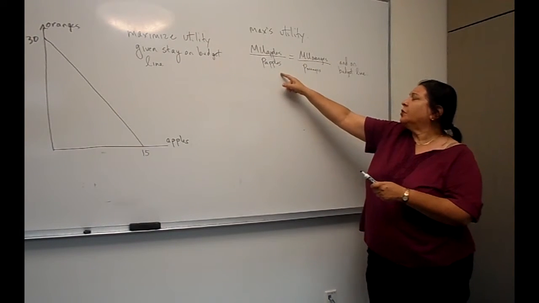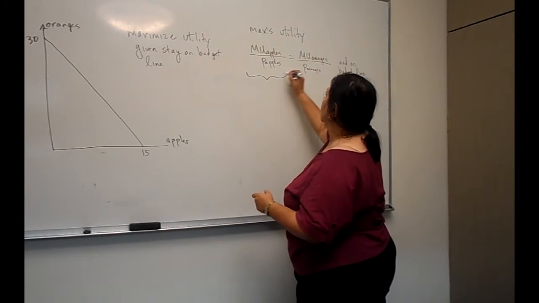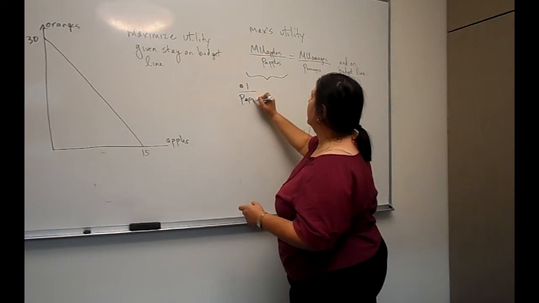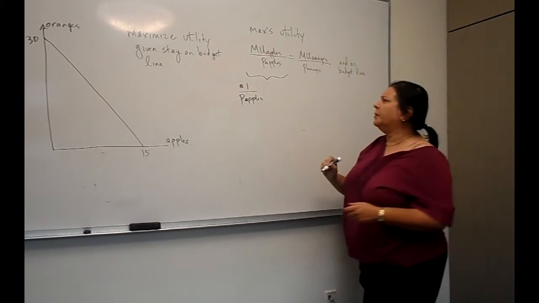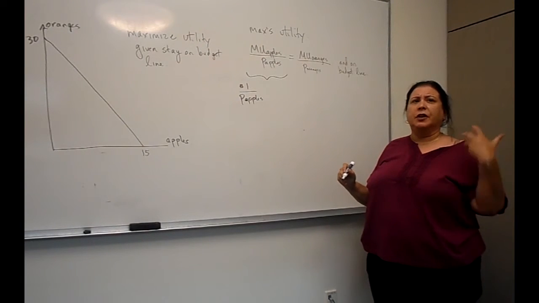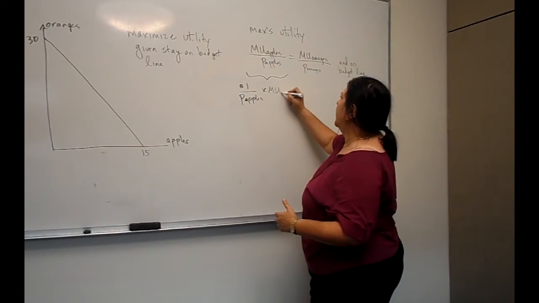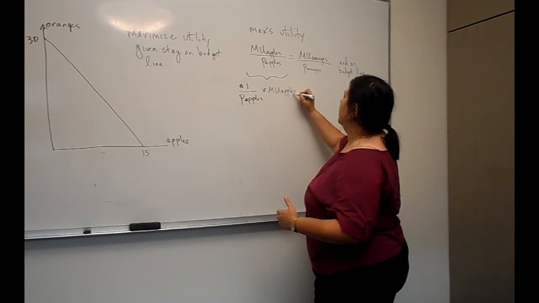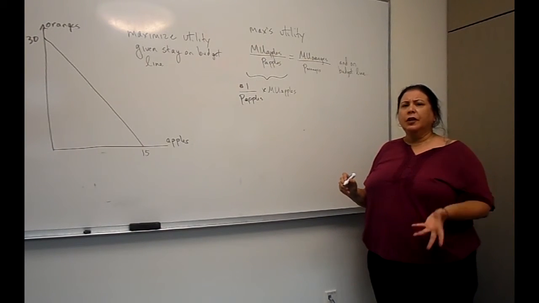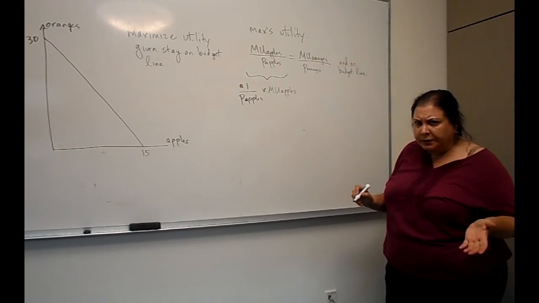What does this ratio mean? This ratio here means that if you spend $1 on apples, you get $1 divided by the price of apples, amount of apples. That's a certain amount of apples. It's $1 worth of apples. If you take that and then you multiply it by the marginal utility of apples, what you get is the change in utility per dollar spent on an apple.